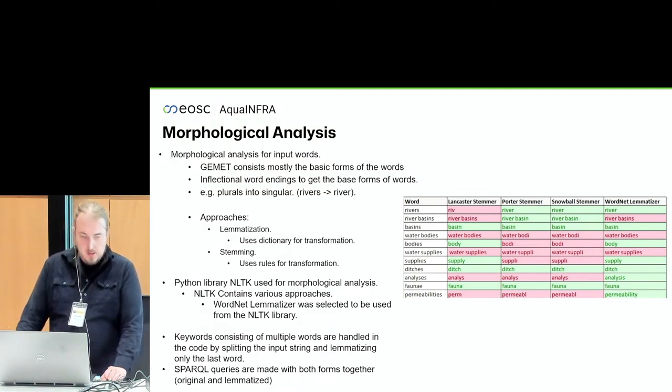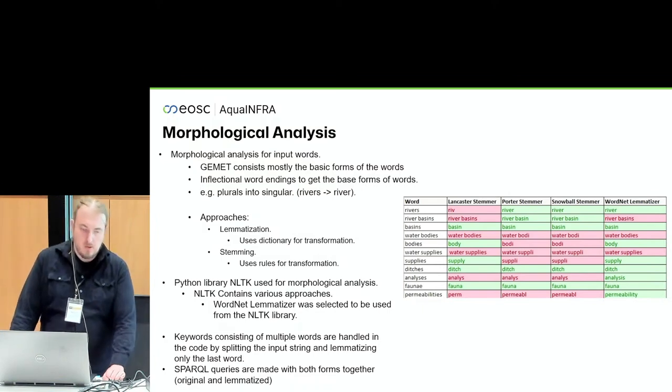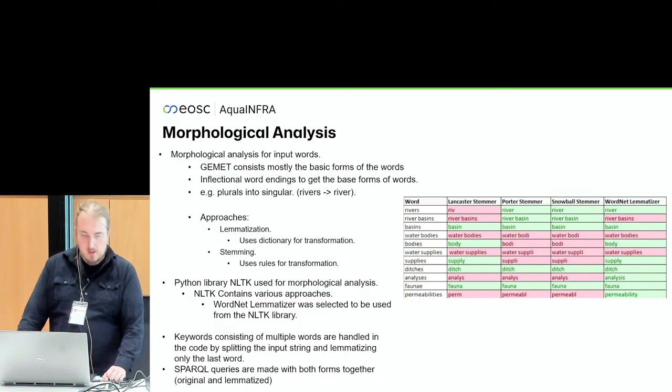So we are using the Python library NLTK for performing this morphological analysis, and it contains different approaches to doing this. So there are functions for doing lemmatization, and this uses a dictionary for performing the word transformations. And then there are stemming approaches that use rules for transformation.